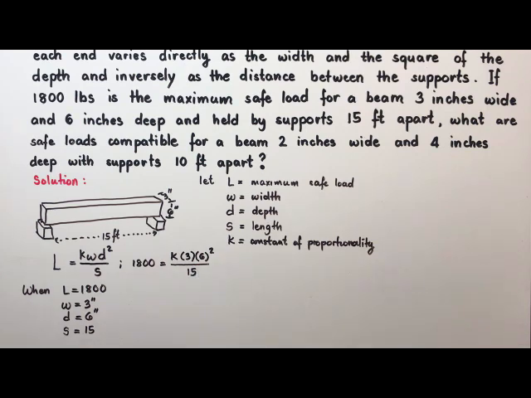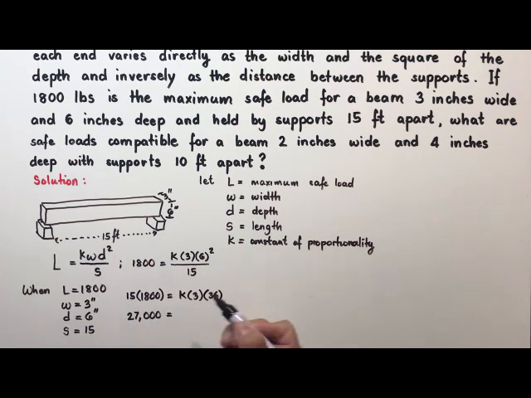So when you multiply both sides of the equation by 15, I will have here 15 times 1,800. And here, I will have K times 3 times 36 because the square of 6 is 36. But I don't have any more 15 because when I multiply both sides of the equation by 15, this 15 will be cancelled out. So multiplying 15 by 1,800, we have 27,000.